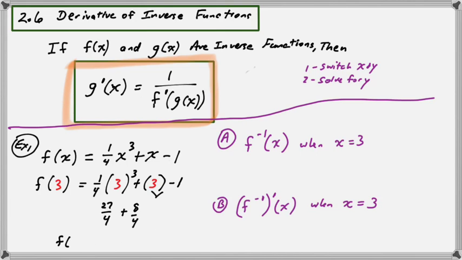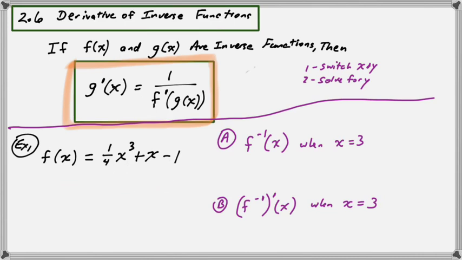And instead of putting the x as a 3, we're going to make the y a 3. So if I make this y a 3, let's see what we get for x. Because if it's an inverse, you're switching x and y. So instead of x being 3, y is going to be 3.